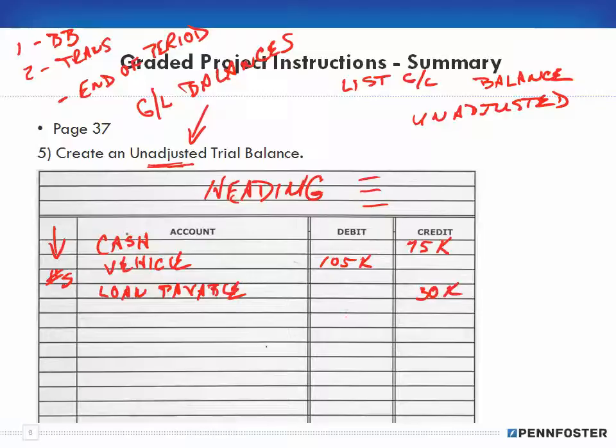Once I have the list of all the general ledger accounts and their balances, I underline and show the balance, because that's just doing the math down that column, and I double underline these numbers.